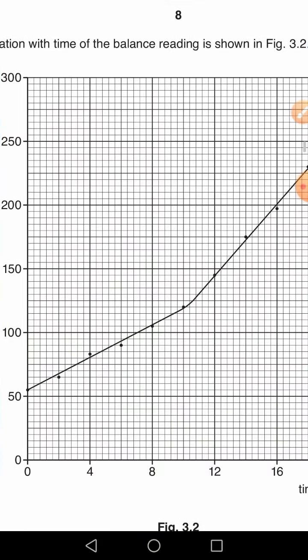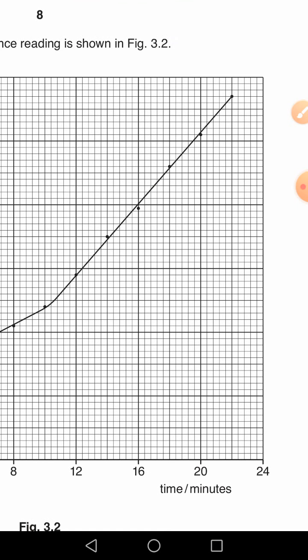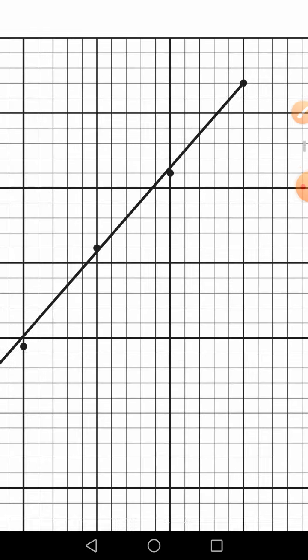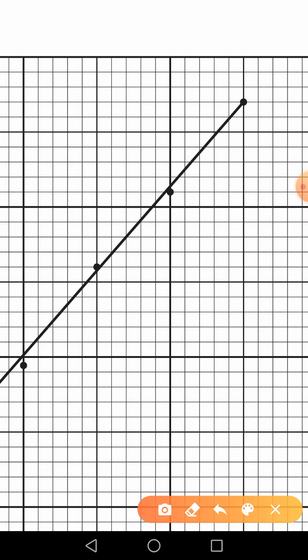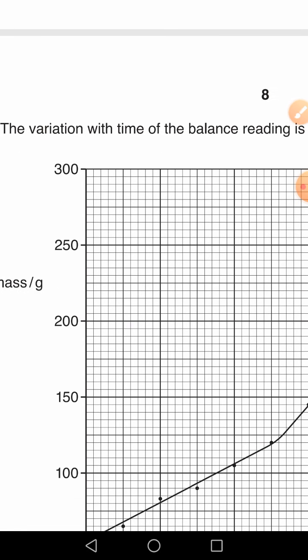Okay, and then in the 22nd minute, let me zoom in. So here, 1, 2, 3, 3 units down from 300.